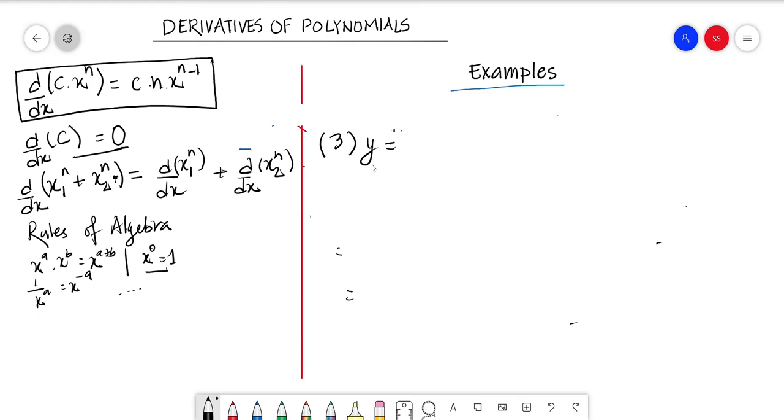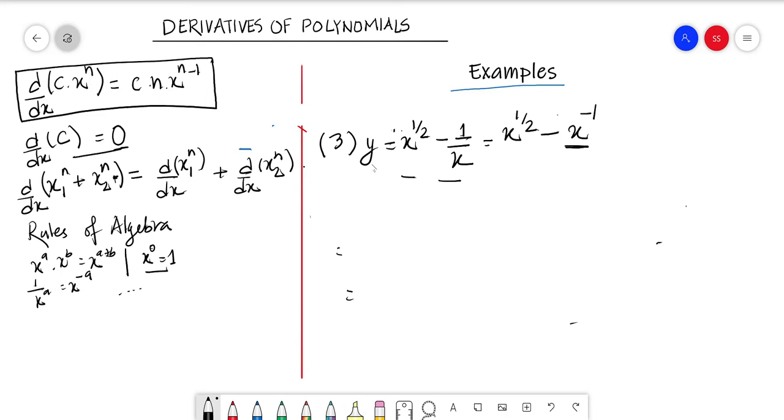Say y equals x to the power 1 by 2 minus 1 by x. Then how would you perform the derivative of this polynomial? If you remember a few rules of algebra, as I said before, you can write the term 1 by x in the form of x to the power minus 1.